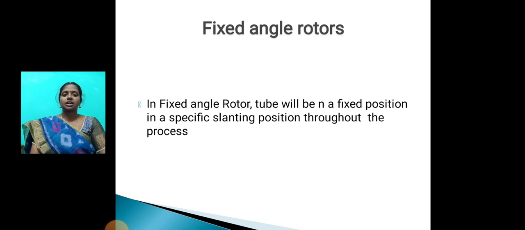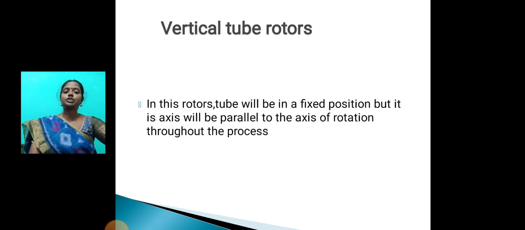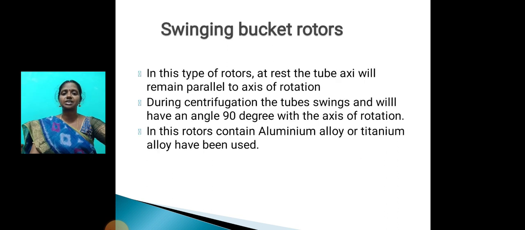Fixed angle rotor: the tube will be fixed in a specific slanting position throughout the process. Vertical tube rotors: in these rotors the tube will be in a fixed position, but its axis will be parallel to the axis of rotation throughout the process.